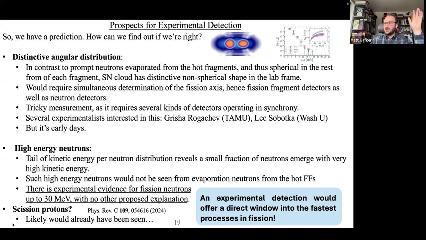Okay, nice and easy for me to say from the perspective of a theorist, but some of the experimental difficulties associated with this. First of all, you have to know the fission axis, which obviously for us is easy. The fission axis is Z because we choose it to be so. But if you're an experimentalist, you need a detector to detect the fission fragments, and you also need neutron detectors. And it requires simultaneous determination of these two things. So you have to have two detectors operating in synchrony with one another.